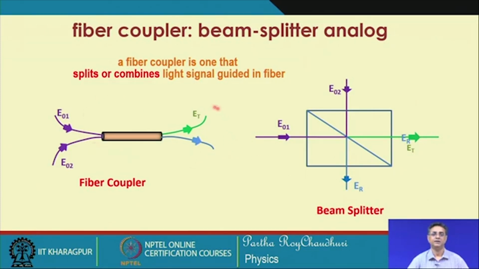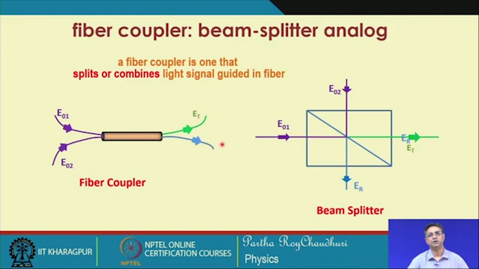Likewise, in the case of an optical fiber, if you have an input, it will be transmitted and a part of the light will be coupled. Similarly, if the light is injected into the coupler from the other side, then it could be coupled into this port and transmitted in this port.